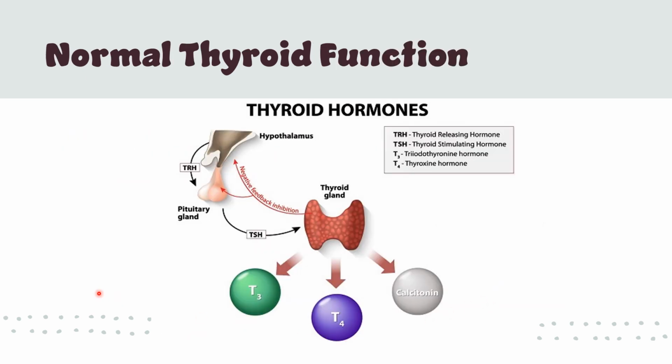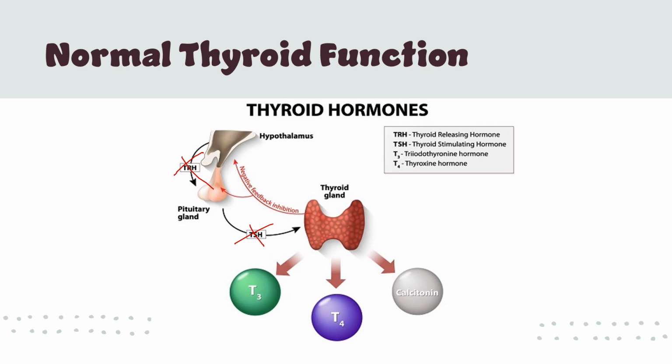So let's summarize this again. We have our thyroid gland. It produces T3 and T4. T3 and T4 then act on the hypothalamus, preventing TRH from being produced. So it'll stop TRH being produced. It will also act on the pituitary gland and stop TSH from being produced.